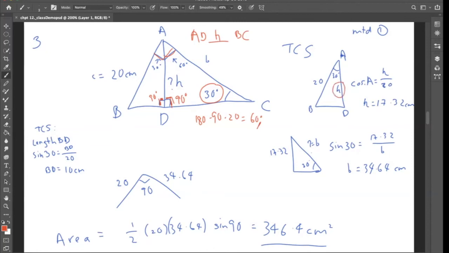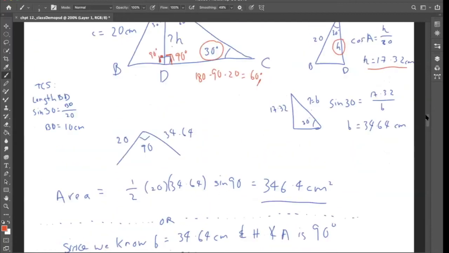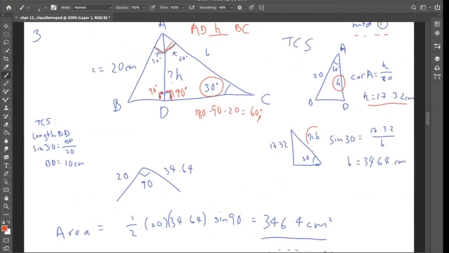Okay, so I know cos A is h over 20. This is one of the methods. There are several methods. So I solve for h. I know the height is 17.32. Okay, this is for question 3. Then after that, I can solve for the length B, which is sine 30 over 17.32.